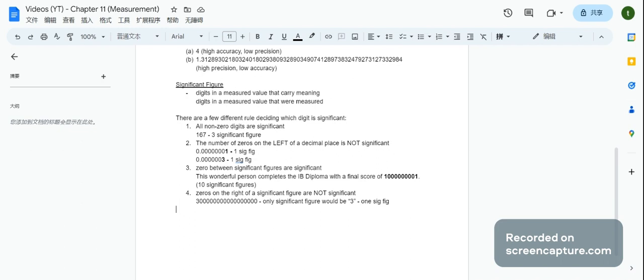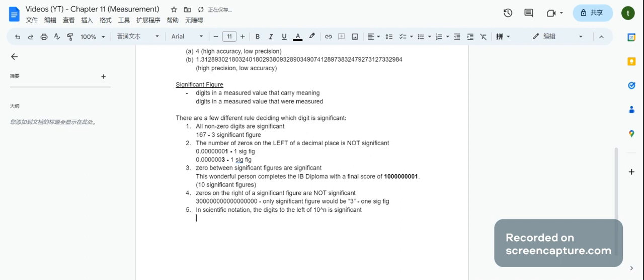And then there's another rule. In scientific notation, all digits are significant. In scientific notation, the digits to the left of 10 to the power of n are significant.